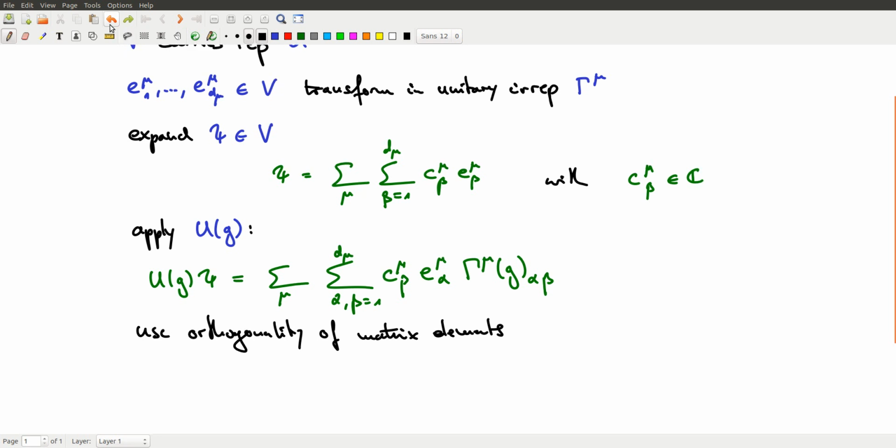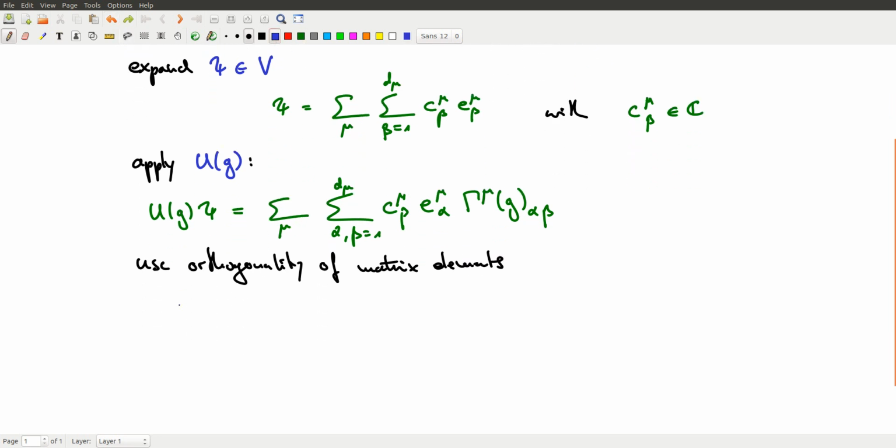Let's write this down. So we need, for normalization purposes, the dimension of an irrep d mu prime, the order of the group, and the sum over all group elements. And now we write here gamma mu prime of g, alpha prime, beta prime. It's a complex conjugate if we do this with the unitary representations.